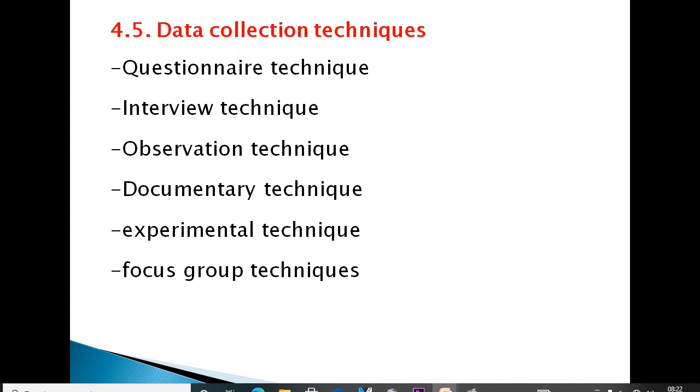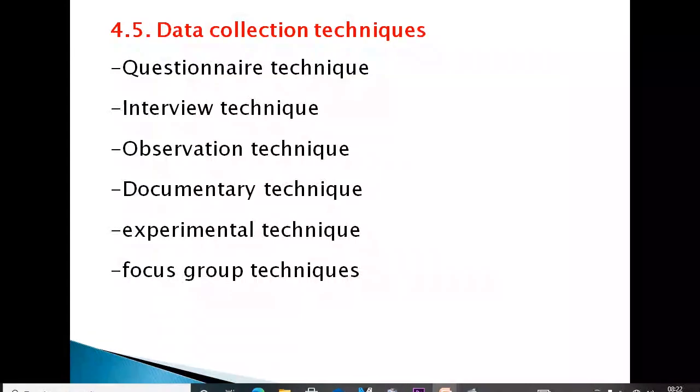The researcher can use the questionnaire technique, where he designs and administers his own questionnaire to collect the data. He can use the interview technique, where he elaborates an interview protocol and interviews the members of his sample.